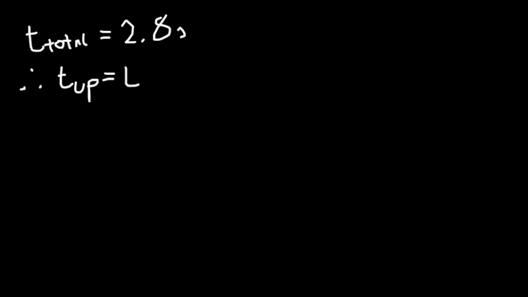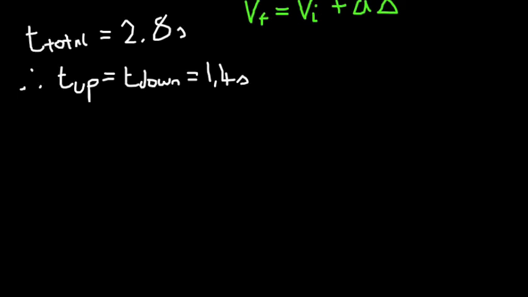Now this is maybe quite an obvious result, but it is an immensely important result when dealing with projectile motion, as it allows you to break up the movement into these two halves, one going up and one going down. You can therefore analyze the stone on its way up, or on its way down, or both, so we choose which one suits us. We therefore know that the total time the stone took to move all the way up and down is 2.8 seconds, and therefore we know that t up equals t down equals 1.4 seconds.